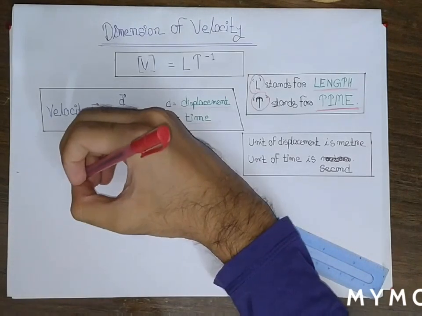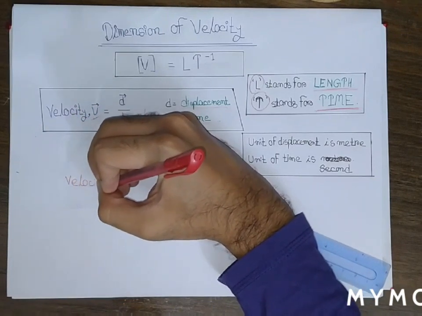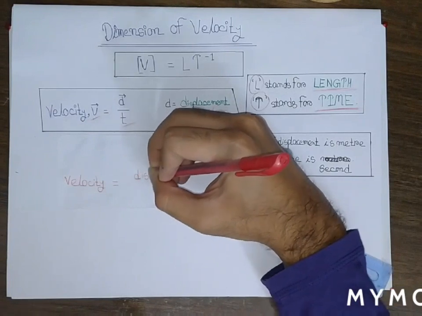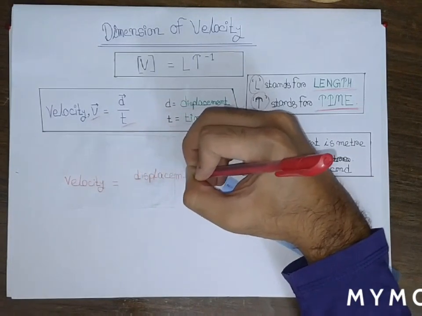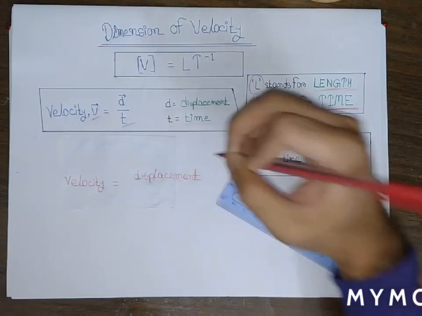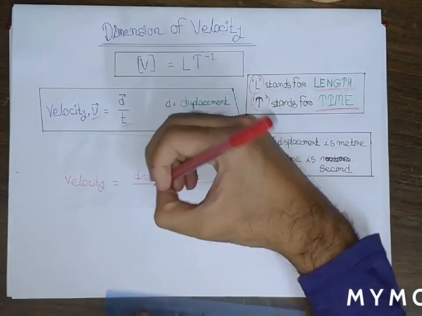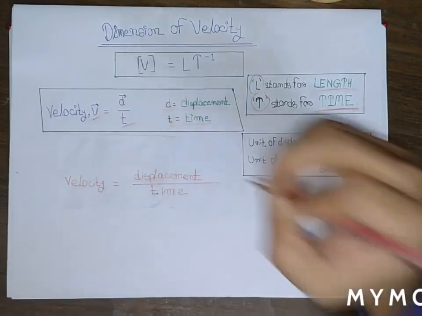See, velocity equals to displacement divided by time.